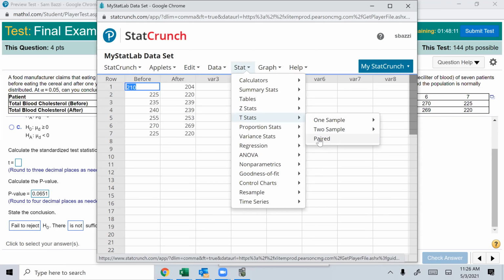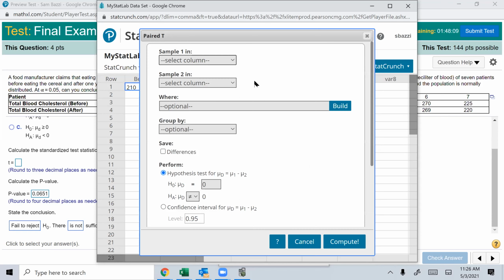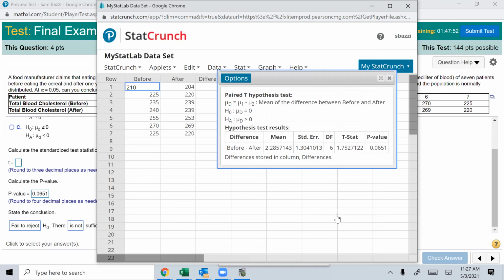Paired means dependent. Column 1 before, column 2 after. Save the differences. And you want to test greater than 0 and hit compute, guys. And here you go. Do you see the match?